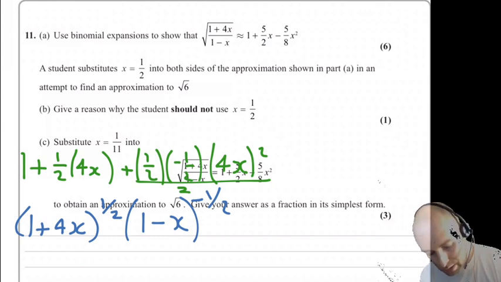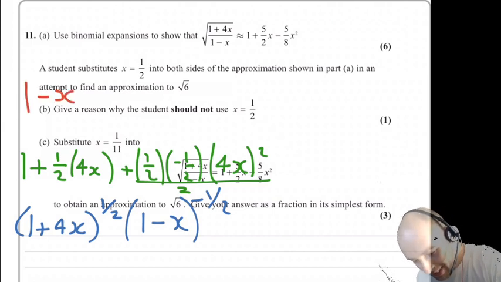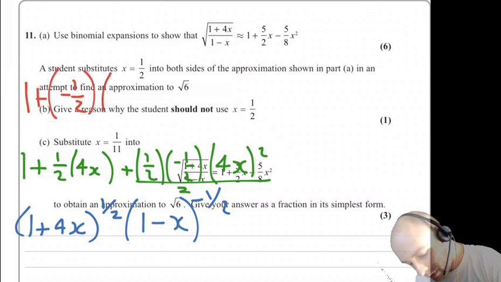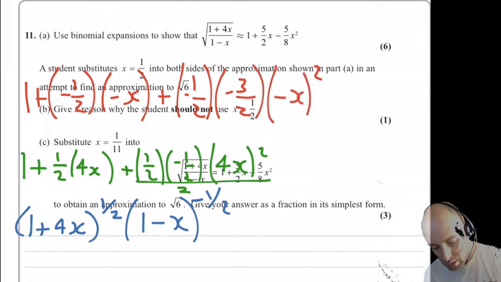Second one is going to be 1 minus x. Well, let's do that a bit better. 1 plus minus a half times minus x plus minus a half minus 3 over 2 minus x squared over 2. So those are my two bits.